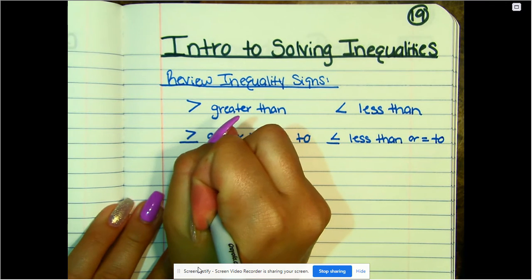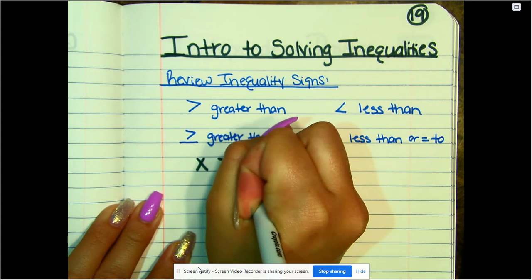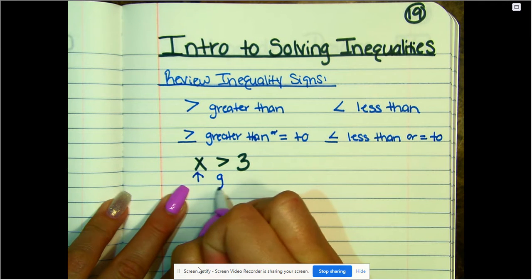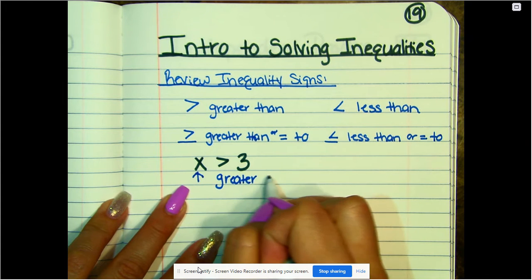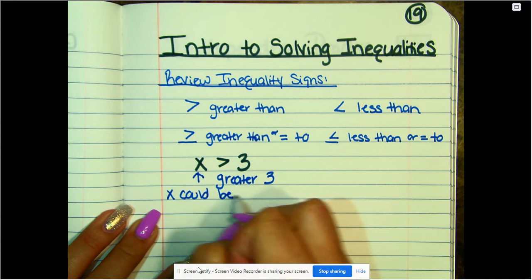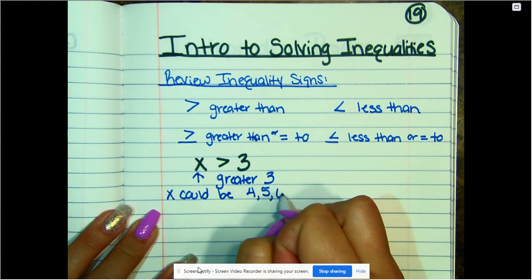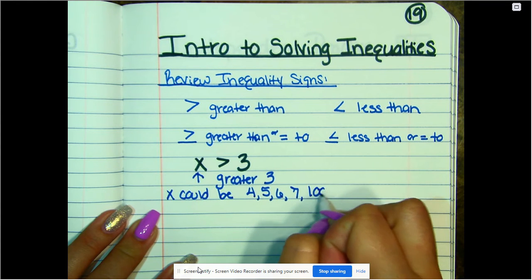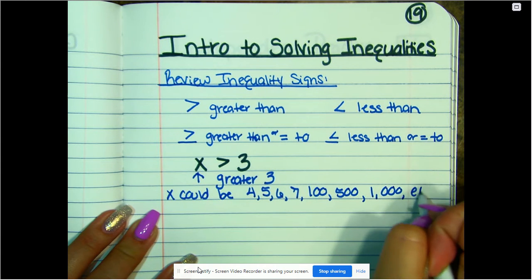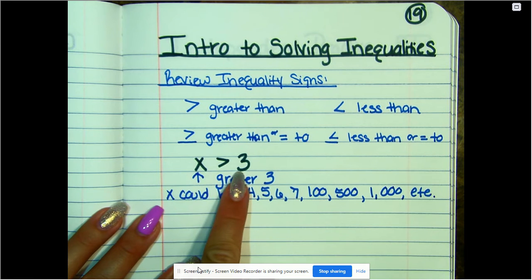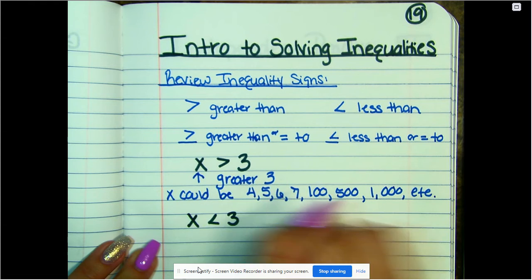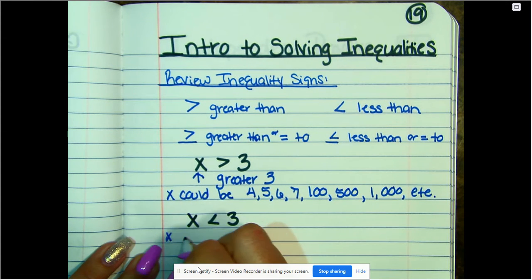Let's also do a brief review of what it means to be a solution to an inequality. If I have x is greater than 3, that means x can be any number that is greater than 3. Just some examples, x could be 4, 5, 6, 7, 100, 500, 1,000, etc. If I have x is less than 3, it could be any number less than 3.